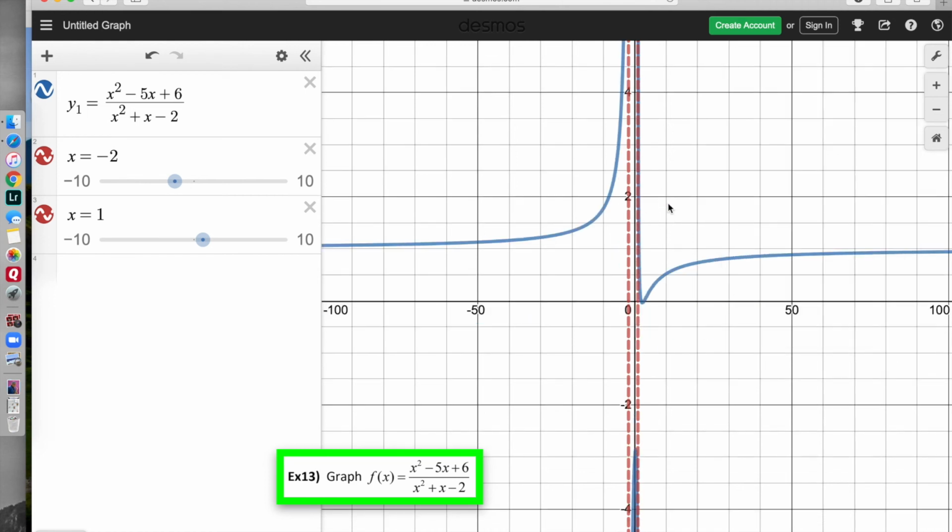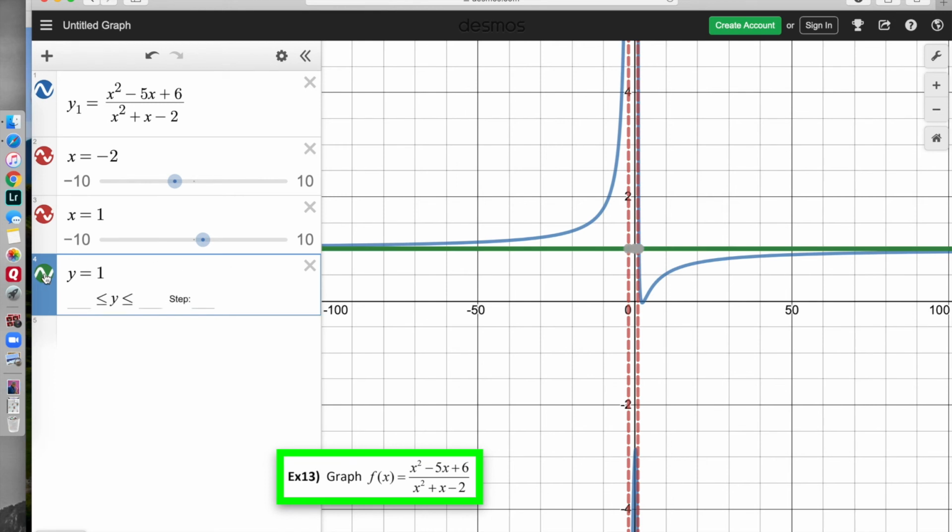And so here, it looks to me like that horizontal asymptote would be at y equals 1, because this is y equals 2. Can you see the numbers there? And so I would say that my horizontal asymptote is at y equals 1. Yeah, and that looks about right.